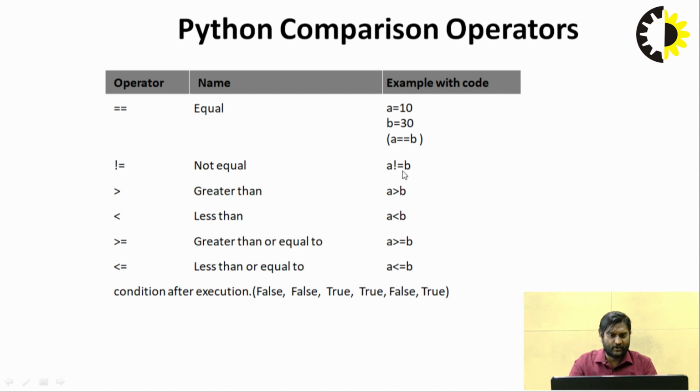Next, we check not equal to. If A is not equal to B, it gives false. A is greater than B: here we assign the value of 10. It's not greater than B, so it gives false. Less than: A is less than B, it's true. Greater than or equal to is false. Less than or equal to is true.